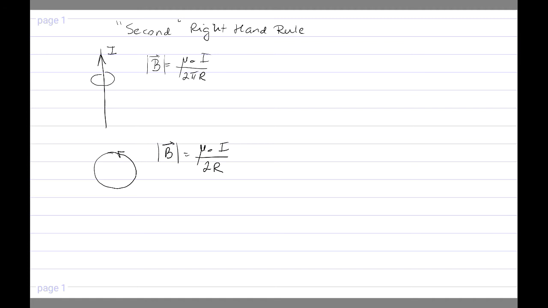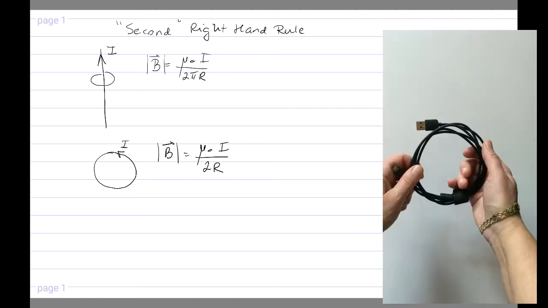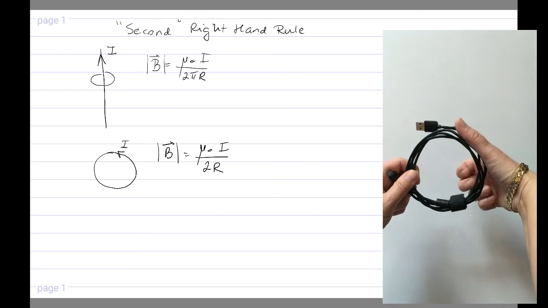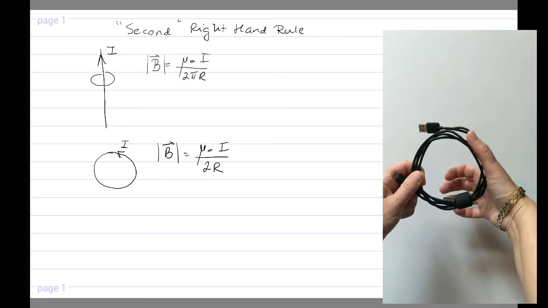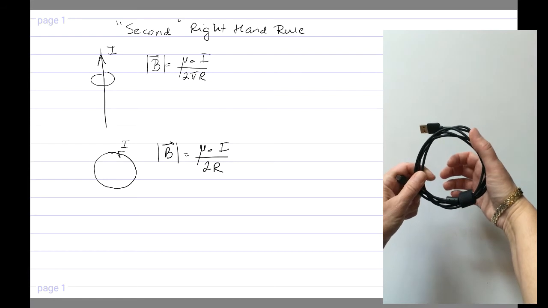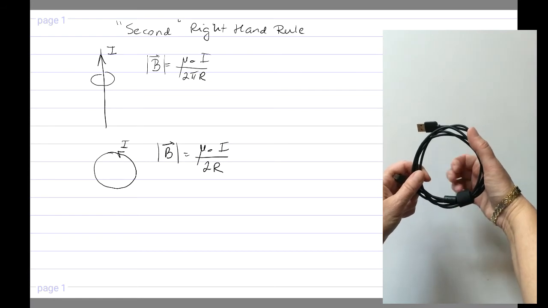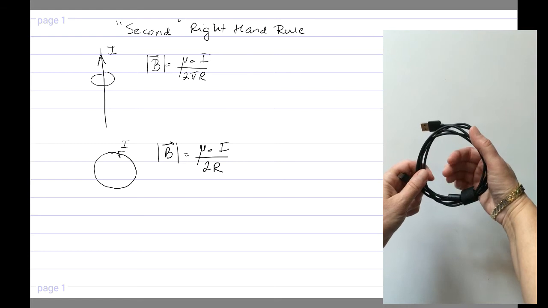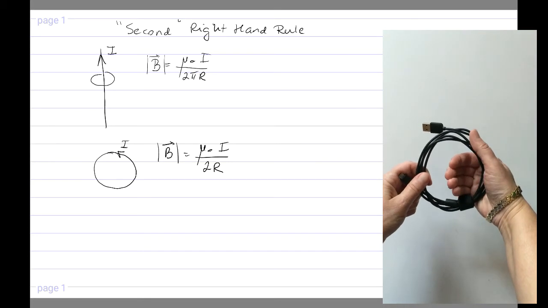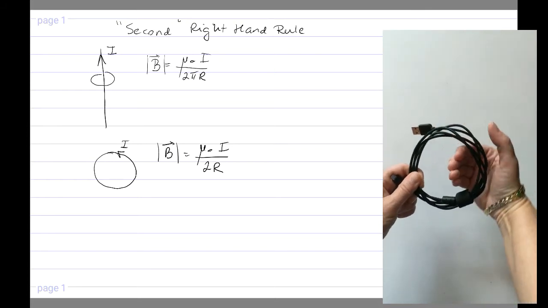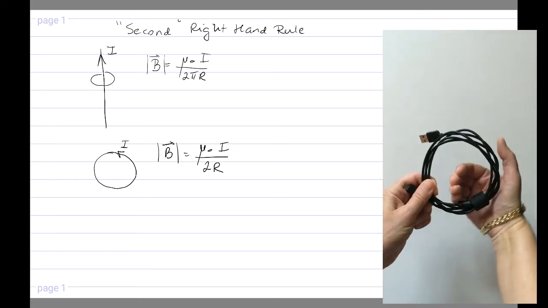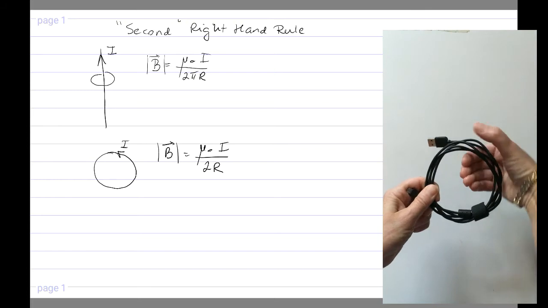So this is the current. If we want to find the magnetic field, we have to place our thumb in the direction of the current. So it goes with your thumb in the direction of that arrow. And you have to make sure that your bent fingers are inside the loop, so that when you rotate your hand, your thumb goes around your fingers.